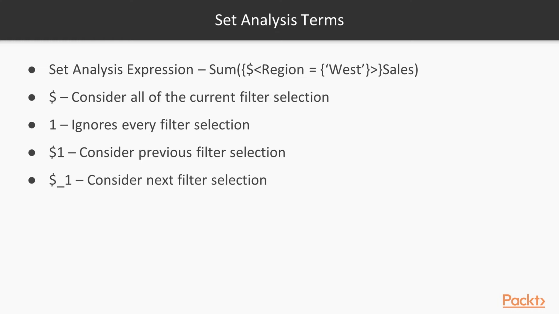The only word of caution is that the more complexity you introduce to set analysis, the more complicated it will be for you to explain it to the user. Sometimes it is absolutely important to use it to achieve the desired business metric, but just make sure that your business user is able to understand what you are applying over here.